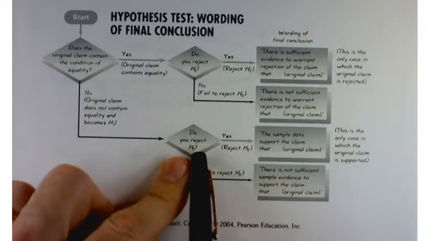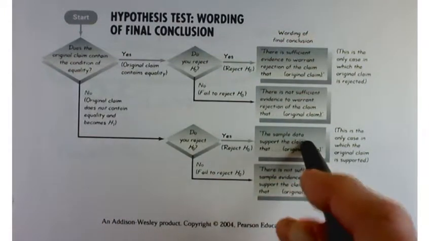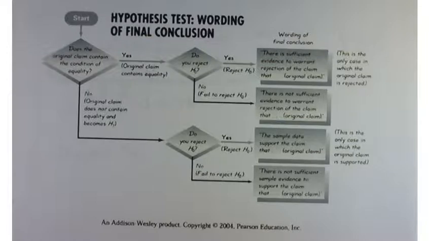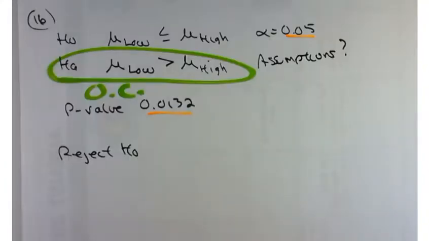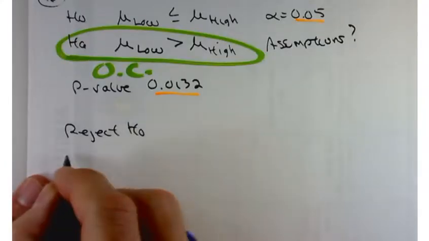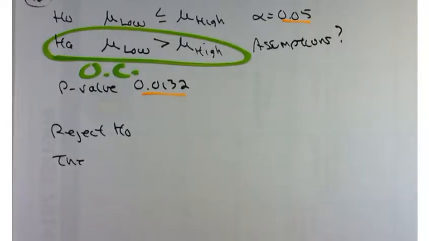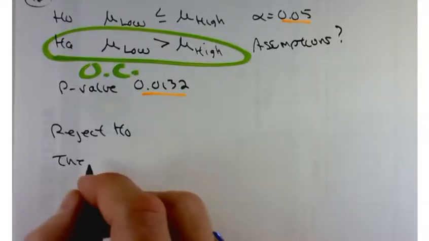And do we reject it? Yes. We reject it here. So the sample data support the claim that, and then we want to state really what's in the alternative hypothesis. So why don't you try and write it down without looking at what I'm writing.